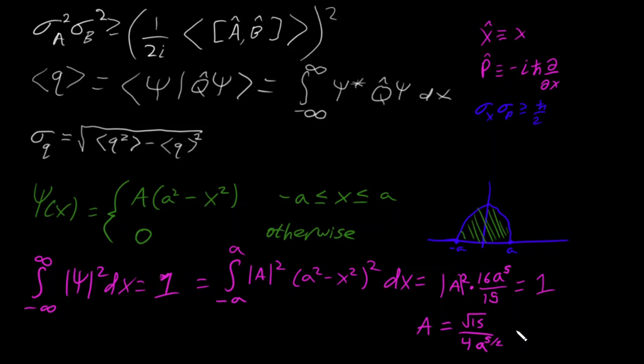You could also multiply by i, or e to the 3i, or whatever, as long as it's a phase, but we'll stick with the easy one. So this is the first part: we've figured out A, and this is how we normalize the wave function. A equals the square root of 15 over 4 little a to the 5/2.